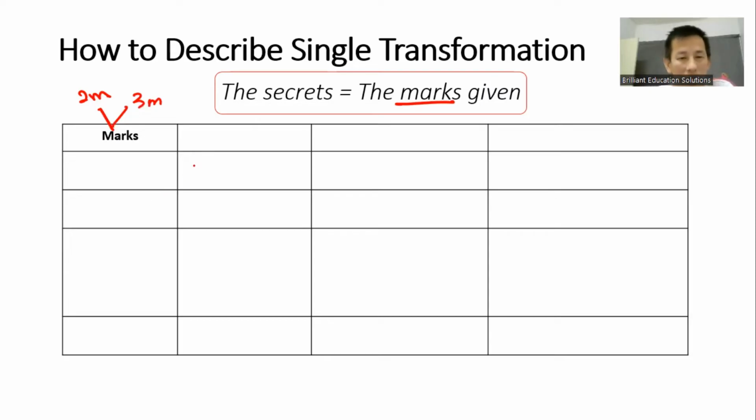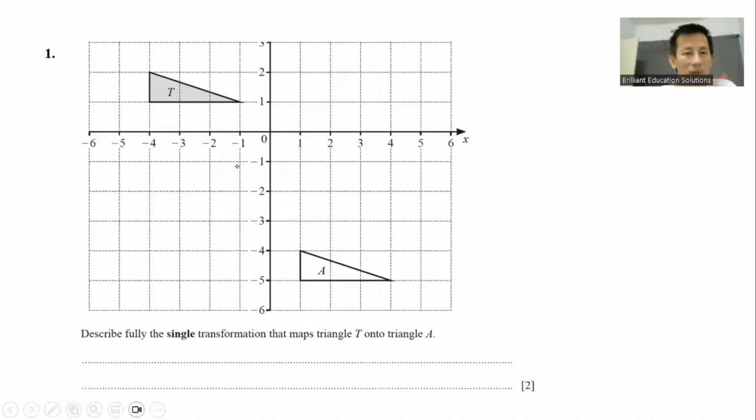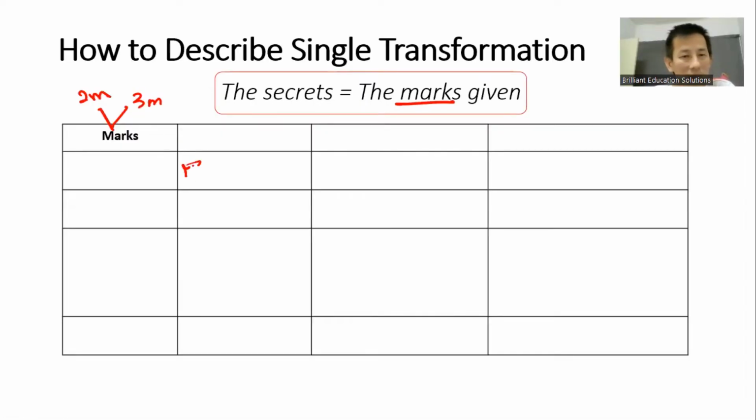For the transformation, there will be 4 types of transformation. You have reflection, translation, rotation, and enlargement.